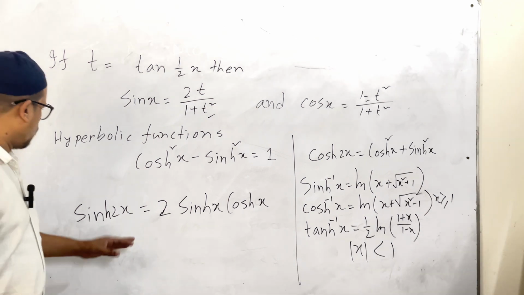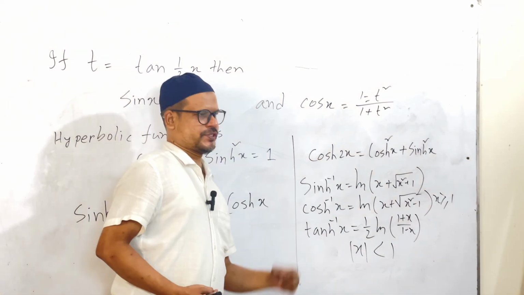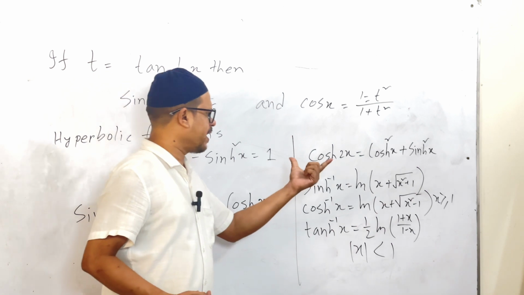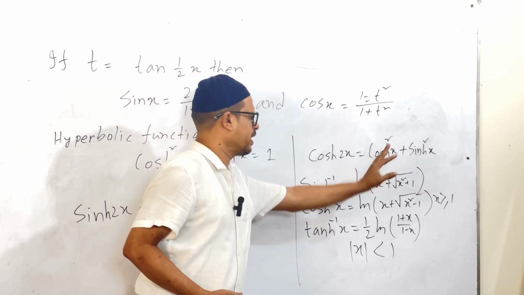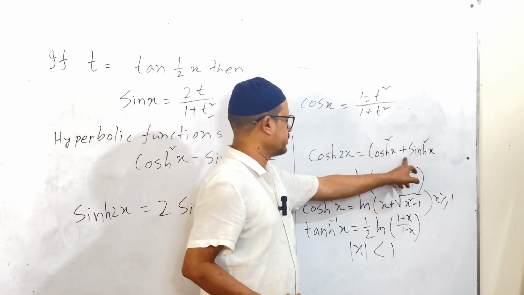And when cos h 2x, then cos h squared x plus sine h squared x, this is a plus sign.